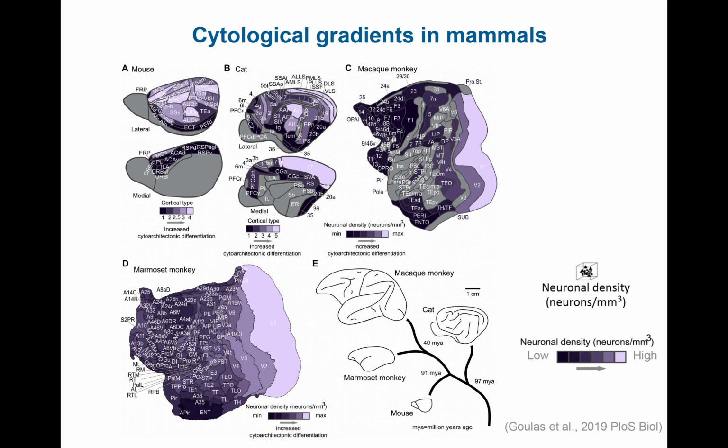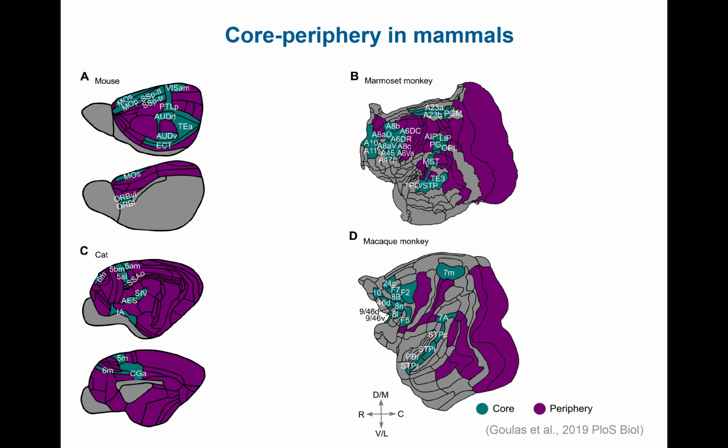To this end, we map cytological gradients in different mammals. Specifically, we map these gradients in the mouse, the cat, the macaque monkey, and the marmoset monkey. So we have a variety of species, carnivores, rodents, Old World and New World monkeys at our disposal. By doing so, the next step is to use the extensive wiring diagrams that exist for these species and uncover the more central regions in each one of these species.